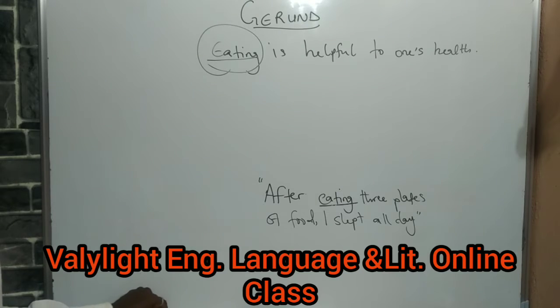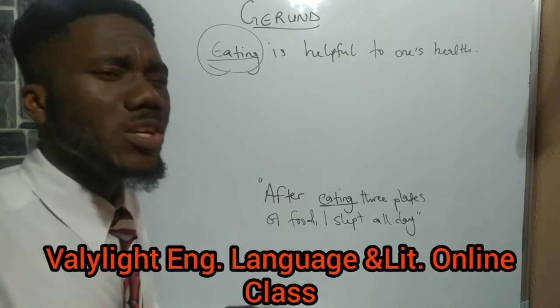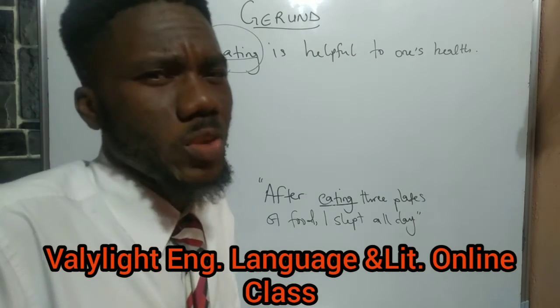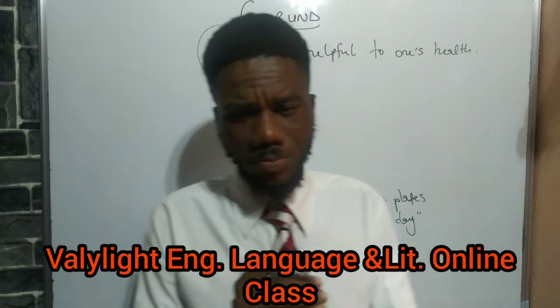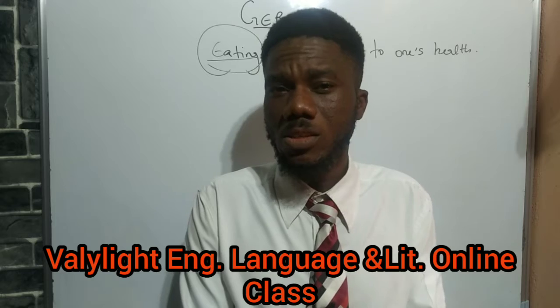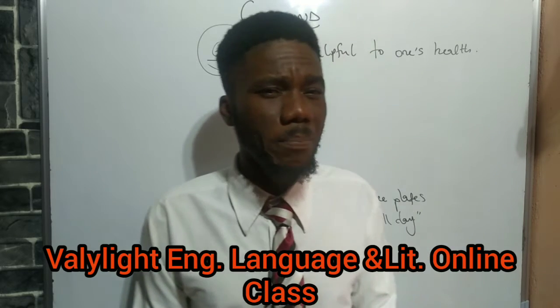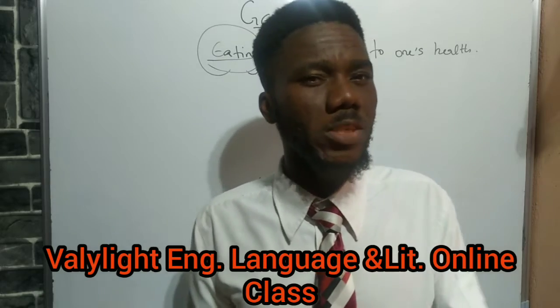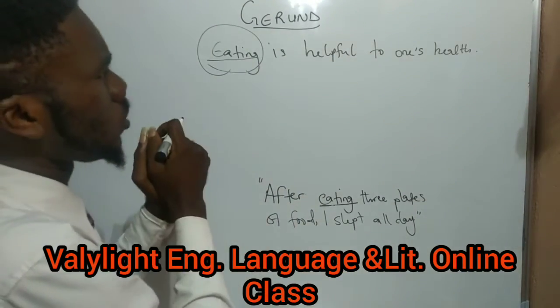It should be considered to be playing the role of a noun and not the role of a verb. Now, if you want to know if it really plays the role of a noun in this sentence, ask yourself, which part of speech substitutes a noun in a sentence? Pronoun, right? So whenever a particular word can be substituted with a pronoun, it means that word is a noun.